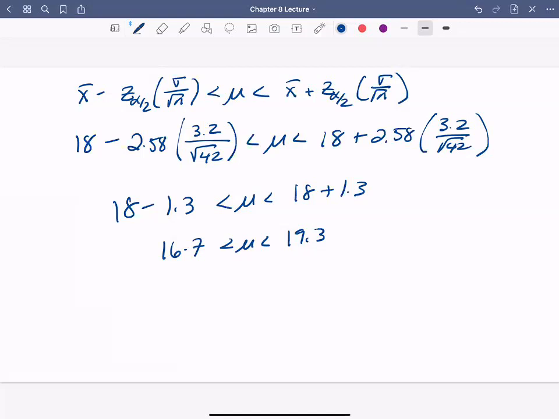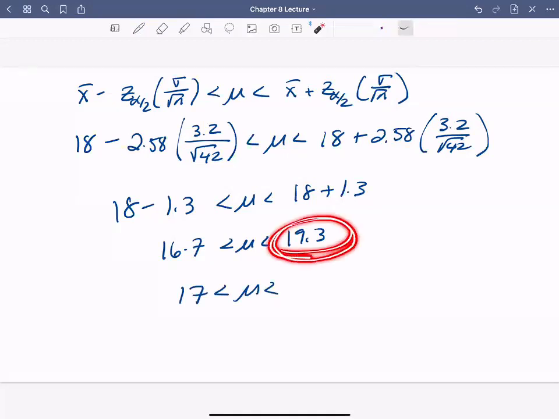But if we're actually talking about people, we cannot have 16.7 people. So what you have to think of is you have to go maybe a little above. Well, does 16 fit in this bound here? Does the value 16 lie between here? And the answer to that is no. But does 17? Yeah. So we're going to change this to 17.